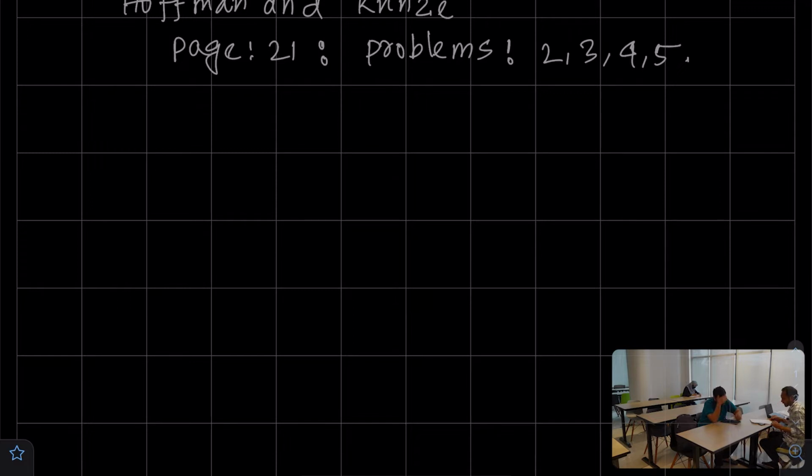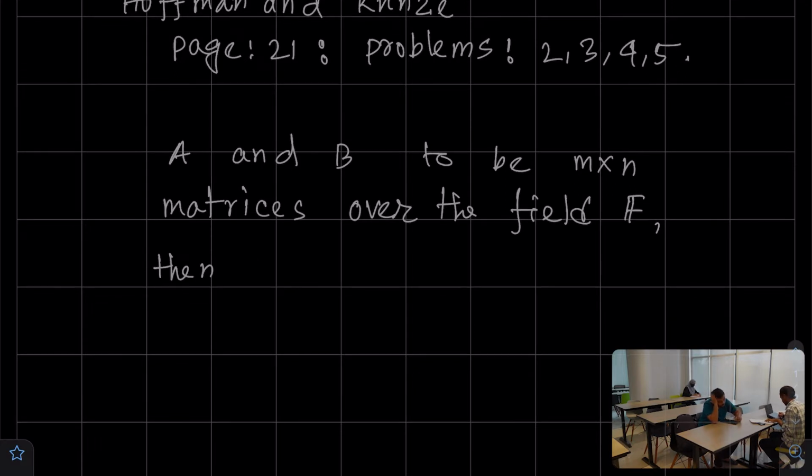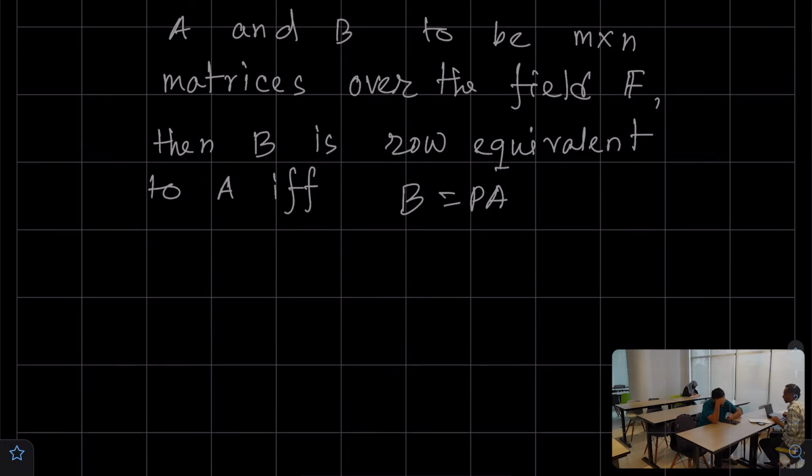That corollary says: let A and B be M cross N matrices over the field F. Then B is row equivalent to A if and only if B equals PA, where P is an M cross M elementary matrix.